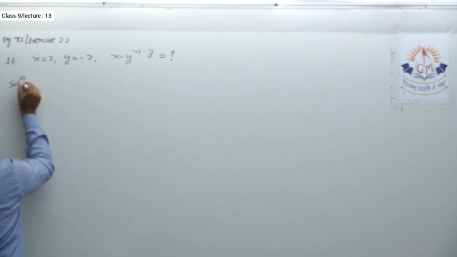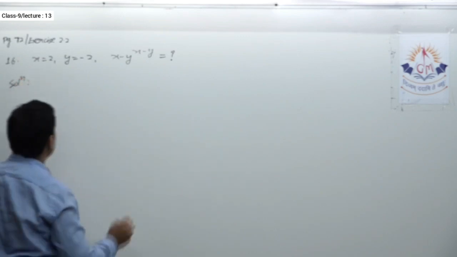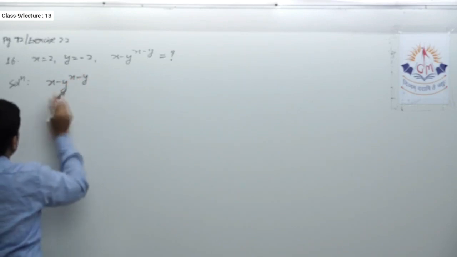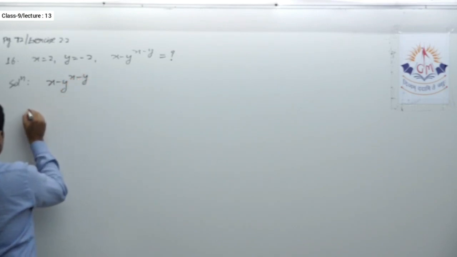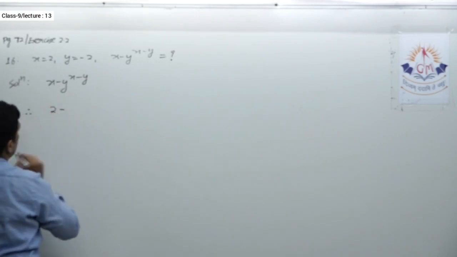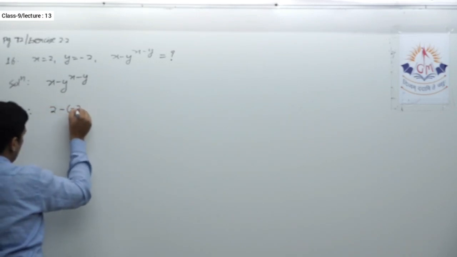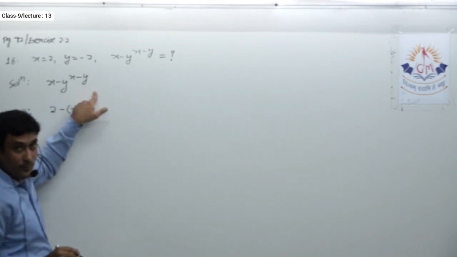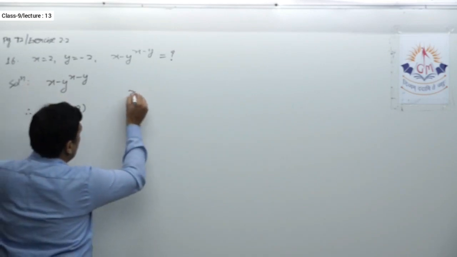Not that much difficult, but yes, there are some things that you have to take care about. So here I'll put the value x equal to 2 minus, now y equal to minus 2, so I'll put it in this way. Now see, it is y raised to x minus y, it is not this.